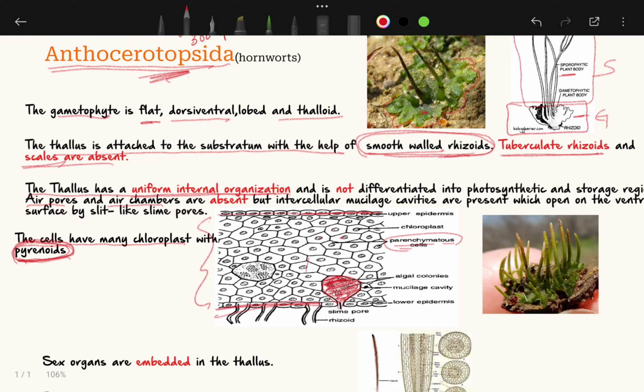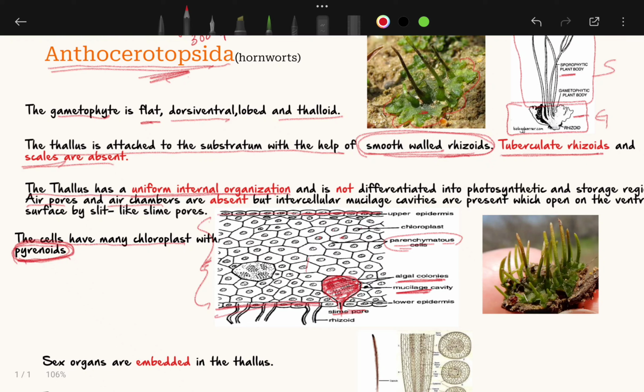The function of this mucilage cavity is that it holds water, keeping the plant body, the thallus, moist and helping the plant to survive in temporary dry conditions. Sometimes through this slime pore, in the mucilage cavity, algal colonies will also be formed.